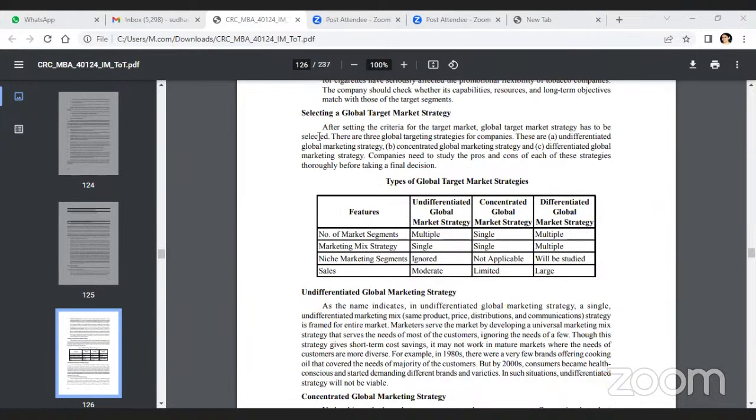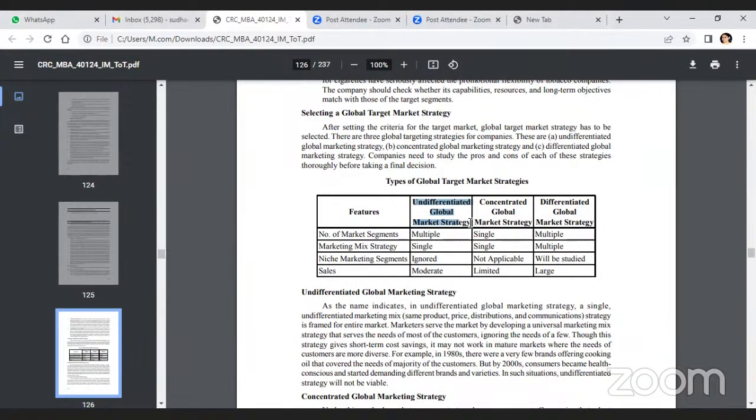So how to select the global marketing target strategy? See here, depending on the number of market segments: undifferentiated global, concentrated, and differentiated. Undifferentiated global marketing strategy means mass production, mass distribution, mass selling.